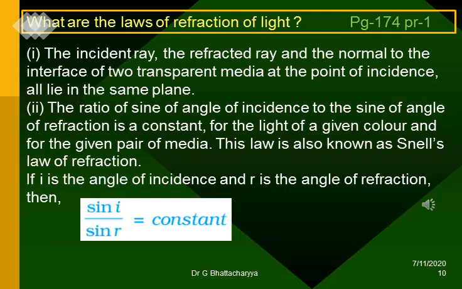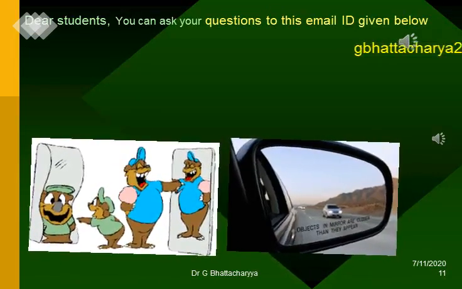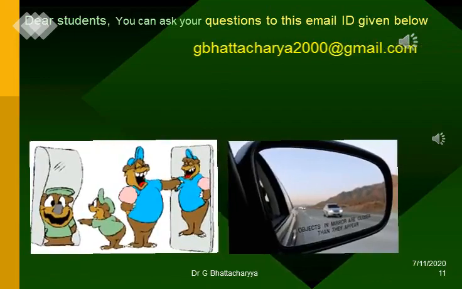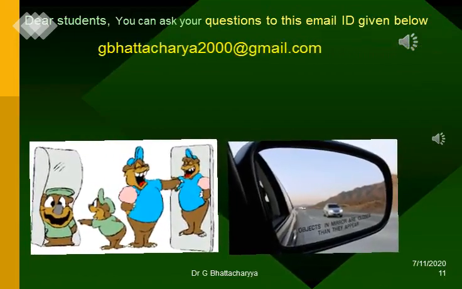This law is also known as Snell's law of refraction. If i is the angle of incidence and r is the angle of refraction, then sin i by sin r is equal to constant.